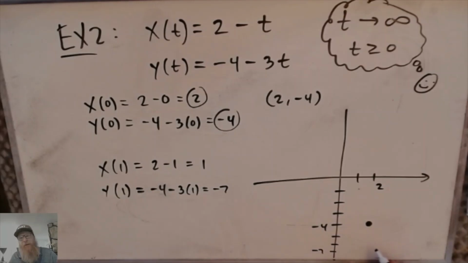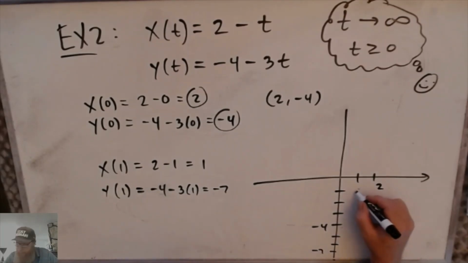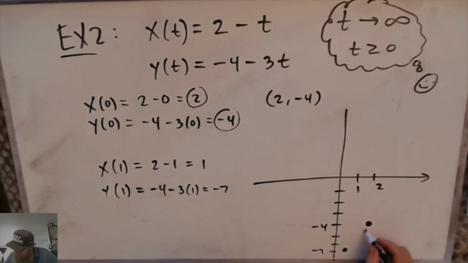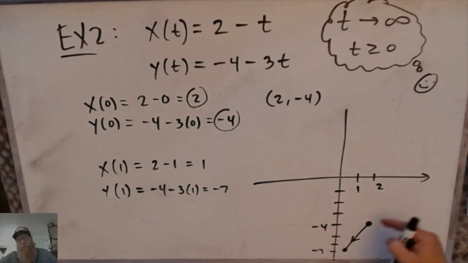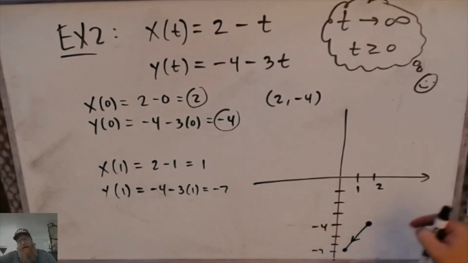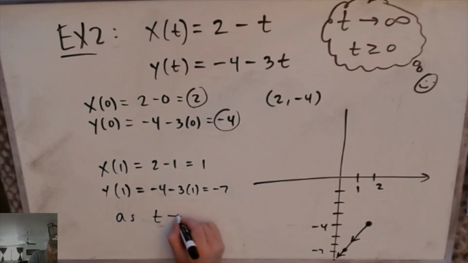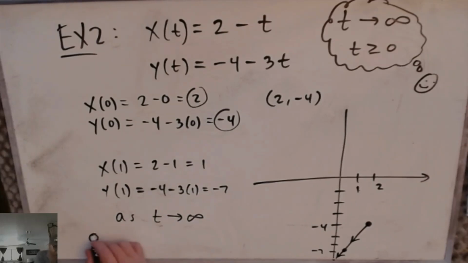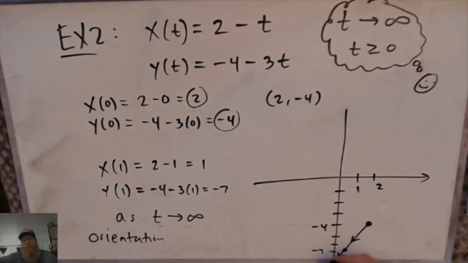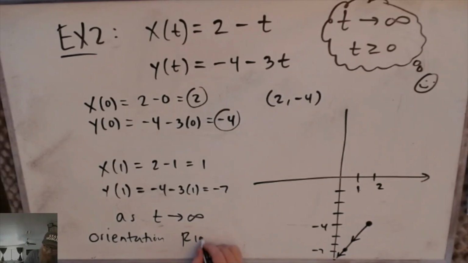I'm glad I didn't go much further because look where I put my graph. It's going down to the left. So therefore, as t goes to infinity, the orientation of this graph is right to left.